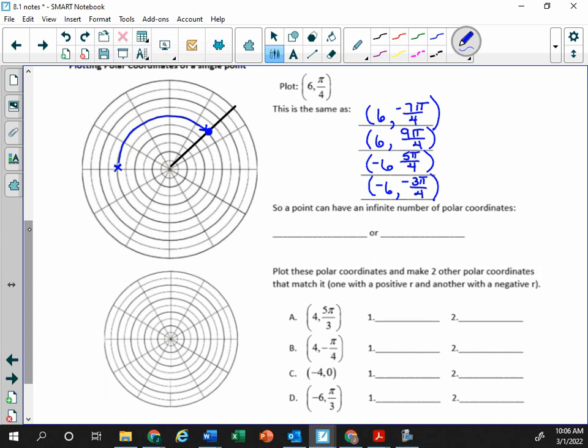If you just see it and you know your circle well, you can just list out the different points for it. That's great. If you want to have a formula to follow, we've got a couple of ways you can do that. You can start with r, and then it'd be theta plus or minus 2 pi k.